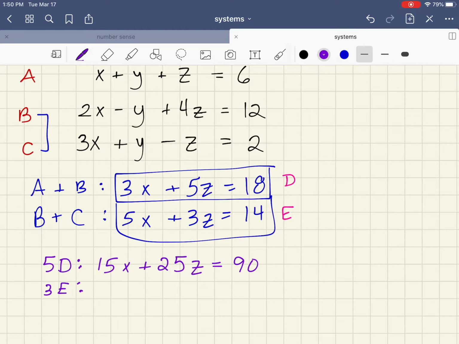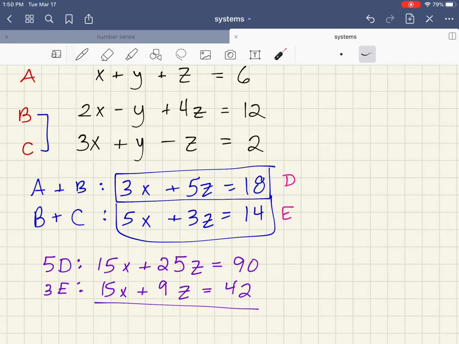There's a lot going on, and we want to keep track of it. So we have 15x plus 9z equals 42.